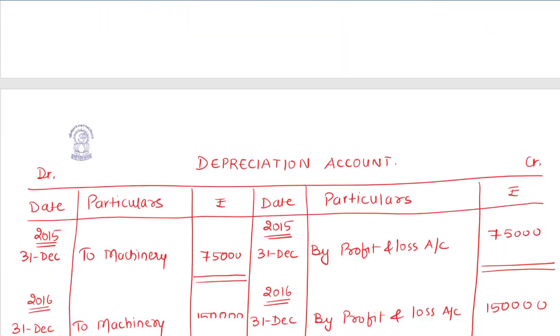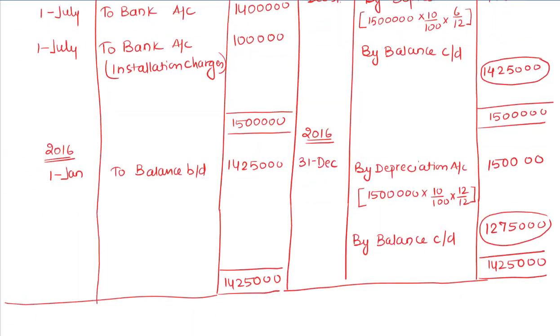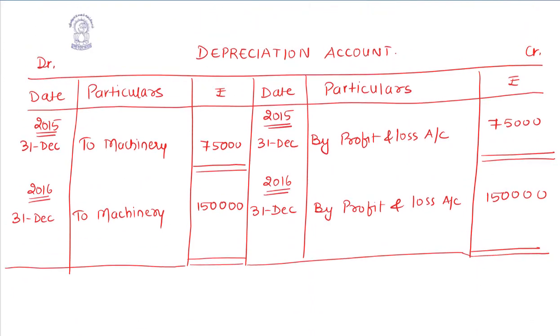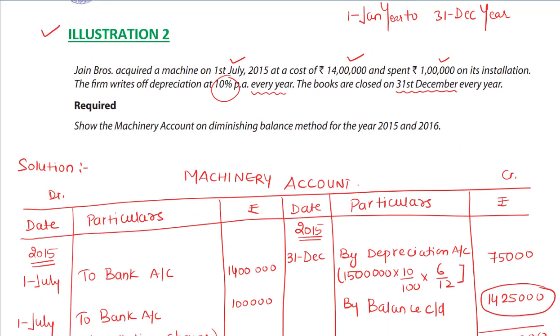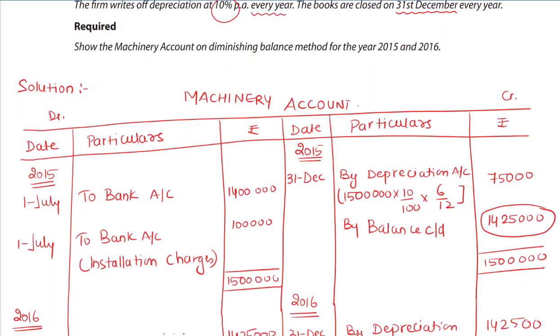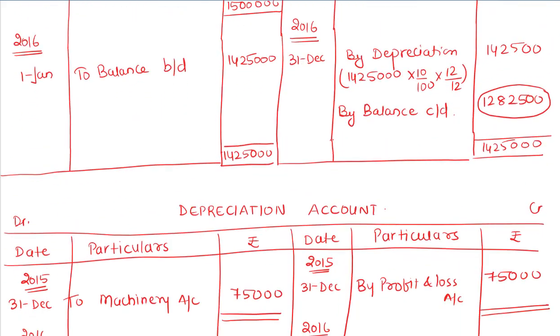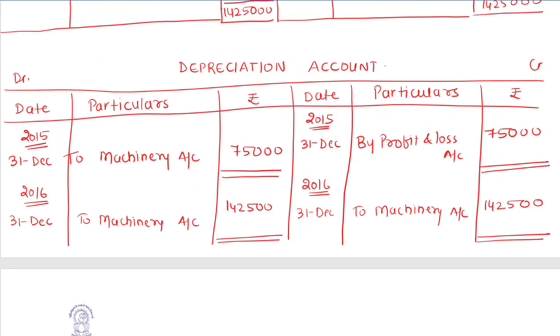We have solved it properly. In that we have made the machinery account and depreciation account as per the straight line value method. Then we have solved illustration 2, in relation to Jain brothers. Over here we have drawn the machinery account and depreciation account, but the method that we followed was the written down value method or reducing balance method.